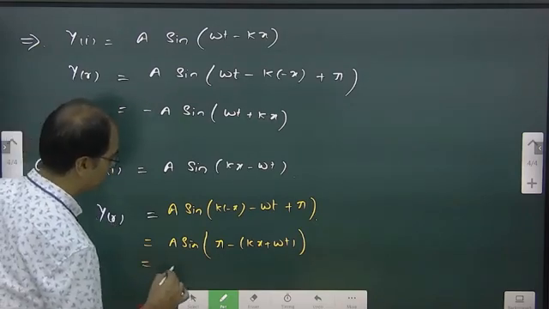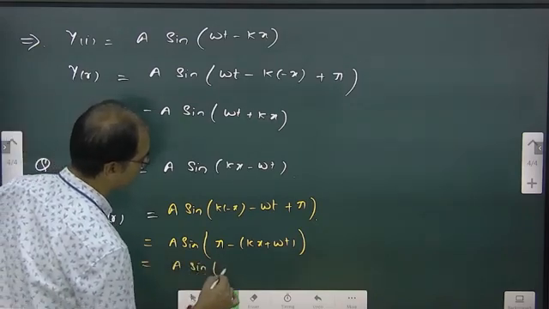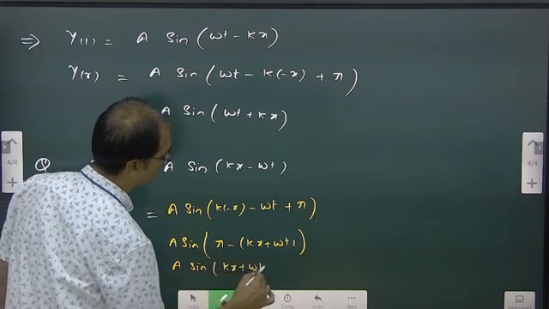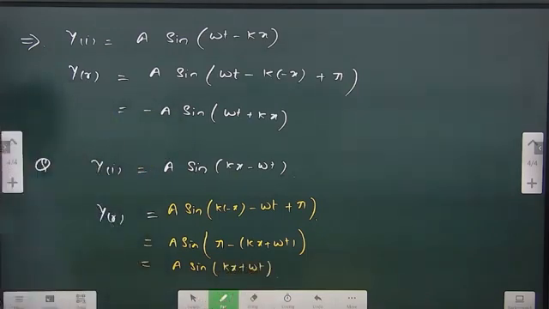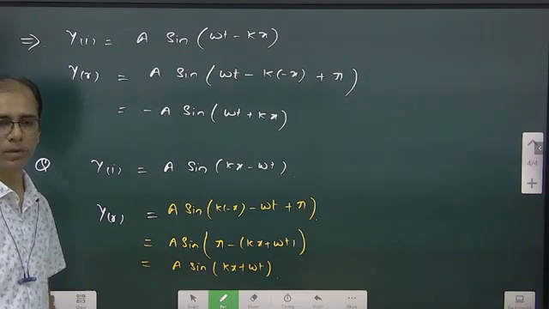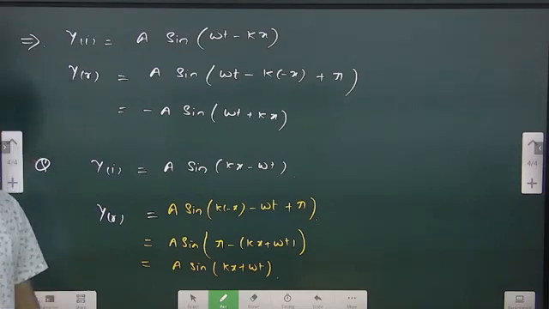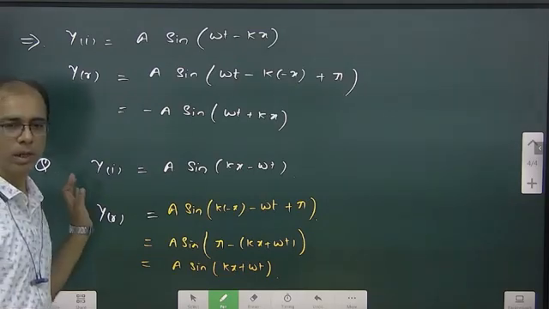So A sin(kx plus omega t). Is it clear? So these are the reflected wave equations. They can ask you. You should be able to find. Done, everyone? Is it clear? Yes, students, shall I move ahead?